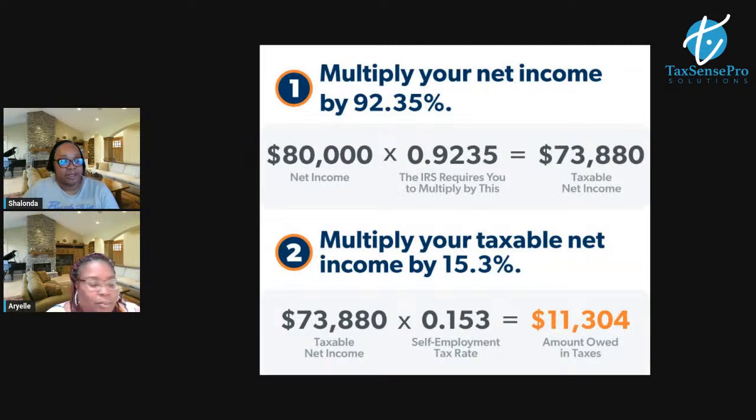In this example, you have $80,000 as net income, you multiply it here, and this is what your taxable net income is going to be. Then your taxable income is multiplied by the 15.3% self-employment tax rate, which would give you $11,304 of taxes owed as a self-employed individual.